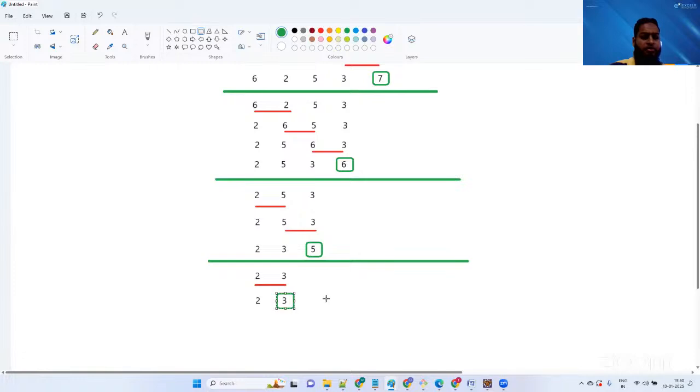And now I'm left with only one number, and there are no more comparisons to be made. So I'll copy it as it is. I've got the number.